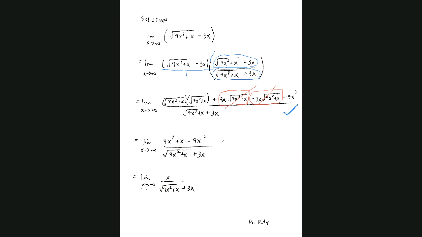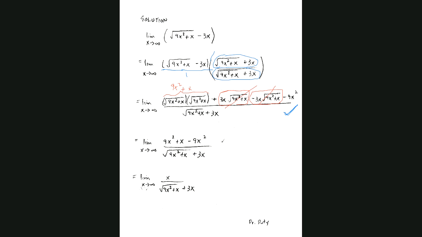And then, okay, ditch the square root. The radical's removed. So you have 9x squared plus x. And so then your limit becomes this.